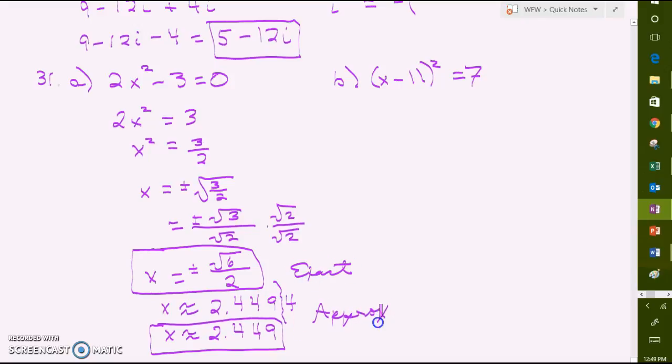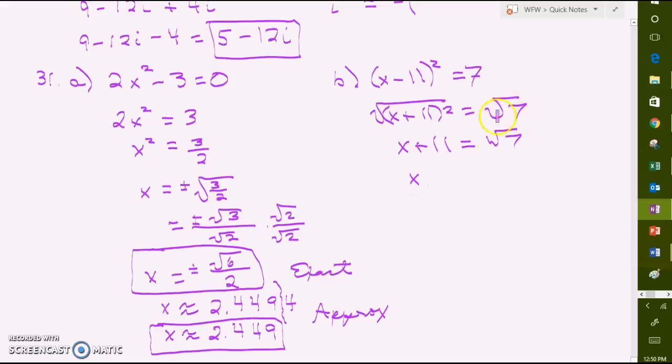Now let's look at the second one, part b. We already have something squared equals 7, so we can take the square root of both sides. And the square root of a square is itself, equals plus or minus the square root of 7.